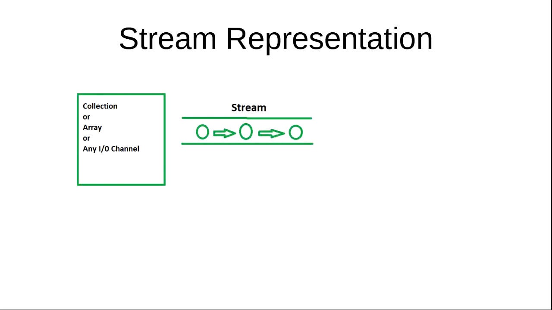You can imagine a stream as a sequence of elements coming out of that particular source. These streams are used to process the elements. So what is meant by processing?